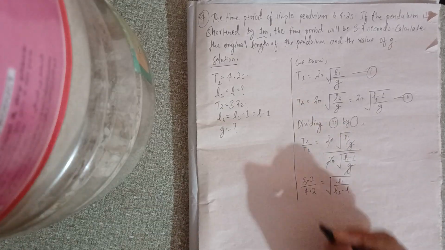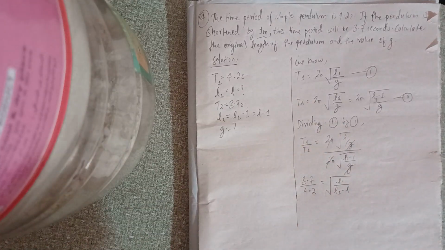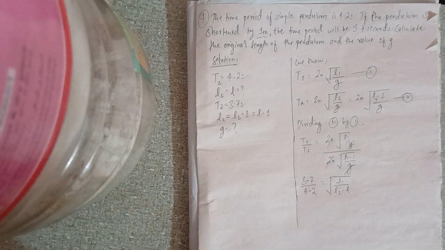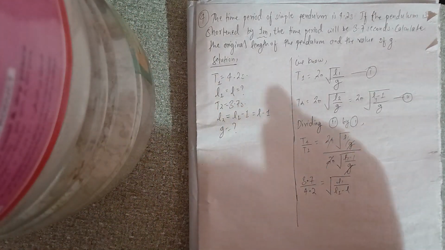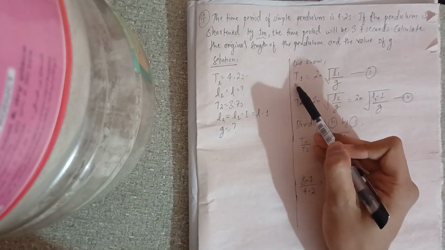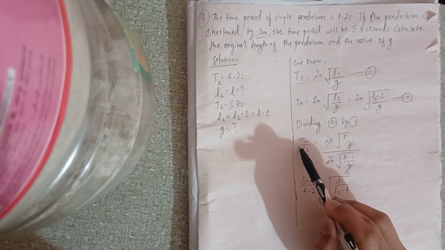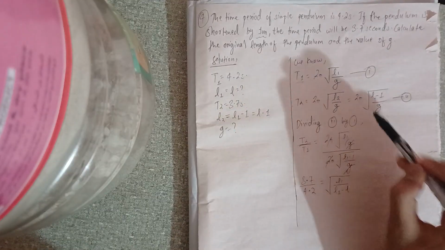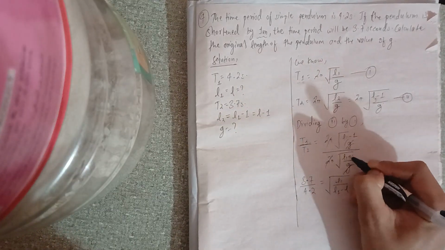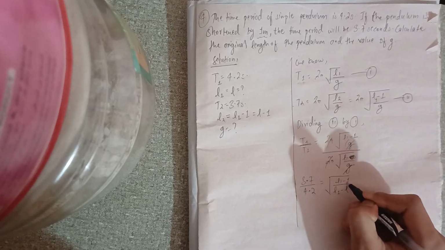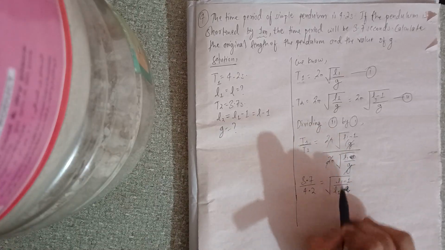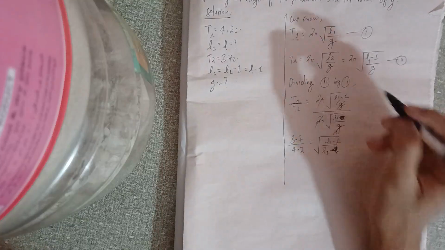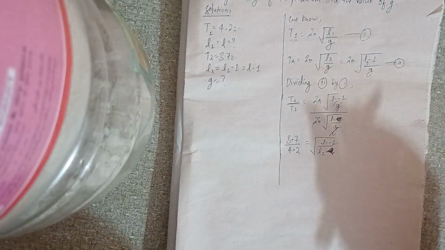Wait a minute, I think we messed up somewhere. Because this one is smaller and this one is larger, so this won't satisfy. I realized that we made some mistake. You also can realize similarly.